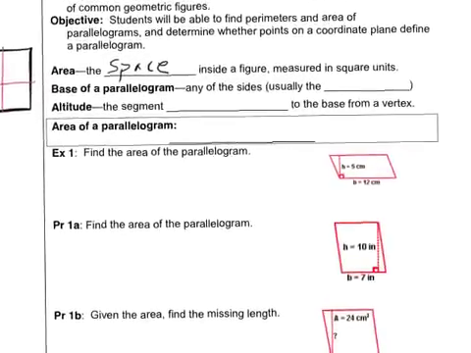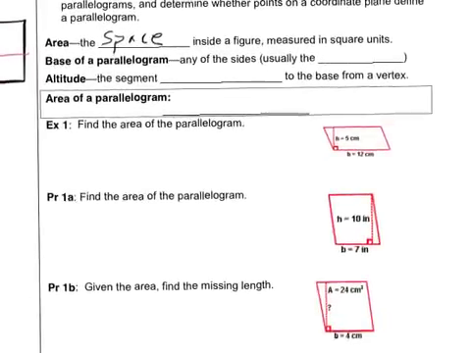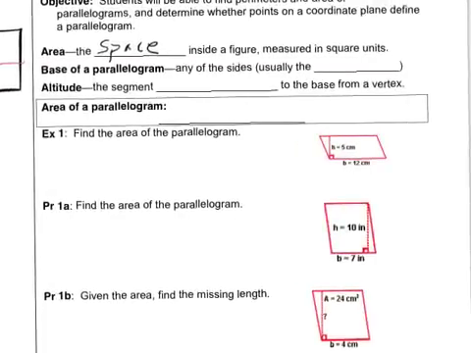So that's what we're going to do today. We've learned area formulas for rectangles and for squares and for triangles, but today we're going to learn area formulas for parallelograms. A couple things. The base of a parallelogram can be any of the sides, but usually we just refer to the bottom side as the base.